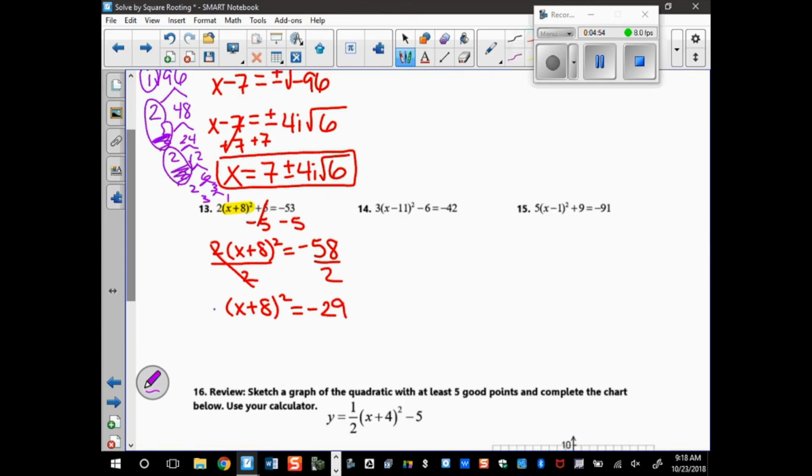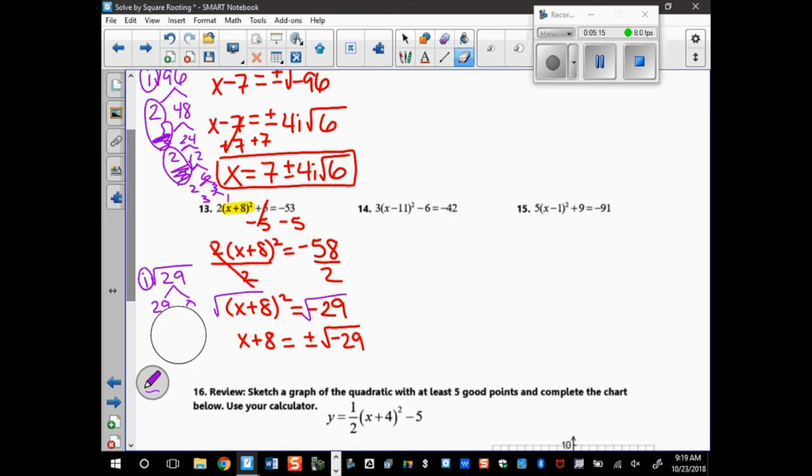Now I can square root. X plus 8 equals plus or minus square root of negative 29. Again, go off to the side. The i root 29. And 29 actually does not break down.